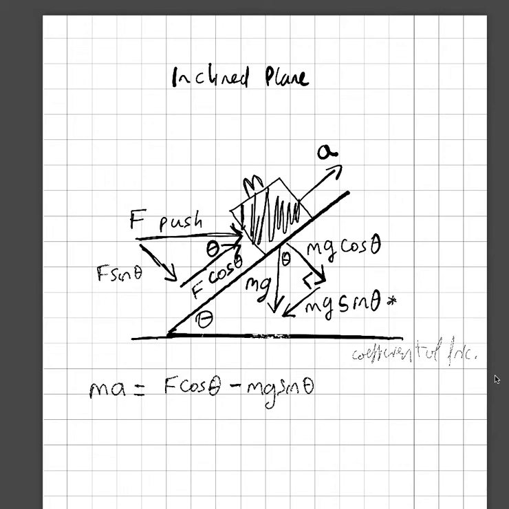So that mu has an effect, it resists our push, and it applies to two things. First, we have the normal force from the object itself, which is mg cos theta. So mu times mg cos theta gives the resistance from the object, and we subtract that off, minus mu mg cos theta.